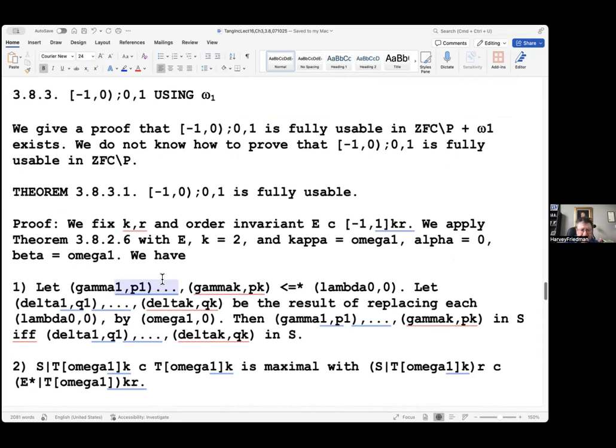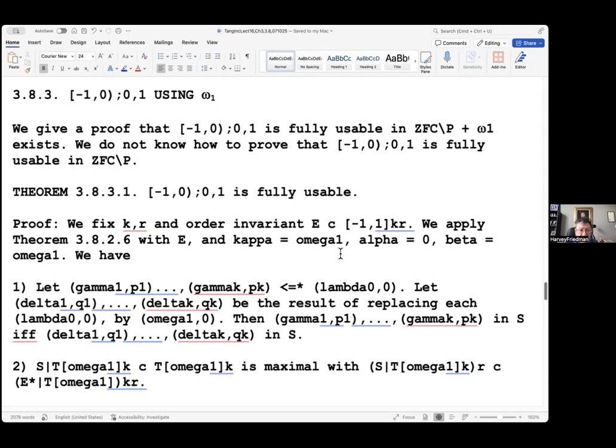So we fix K and R in order invariant E, and we apply this last infrastructure thing we did with E and with the dimension being 2. This is, no, K equals, no, not K equals 2. That's the next section. Sorry. And kappa equals omega 1, the ordinal omega 1. And alpha equals 0 and beta equals omega 1. Right?